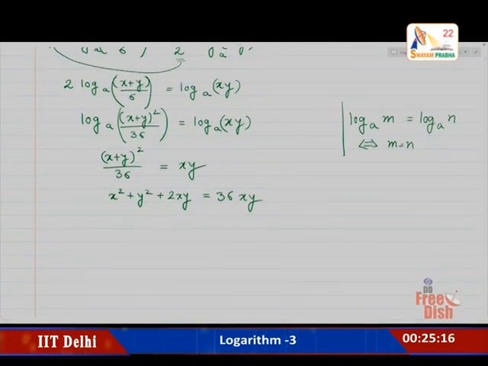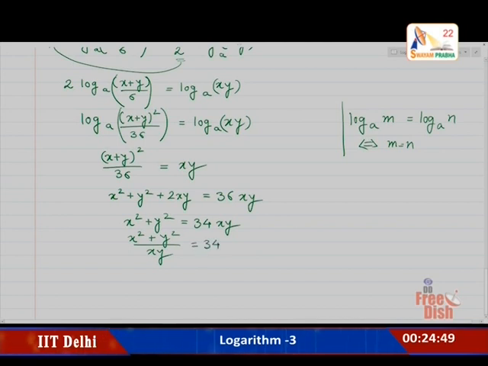I can actually get the number 34 by doing some simple manipulation, which is x square plus y square is equal to 36 minus 2, which is 34 xy. Okay. Then I have almost solved the problem because I can divide this by xy, and what I get is x square plus y square upon xy is equal to 34.